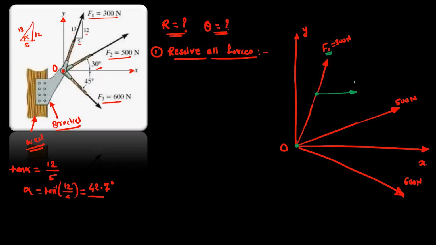This component is F1X. Similarly, for the Y component, draw the vector parallel to Y axis. So this is F1Y. Now this angle is nothing but this total angle, and that angle we have already calculated. It is 42. Is it 42 or 67?